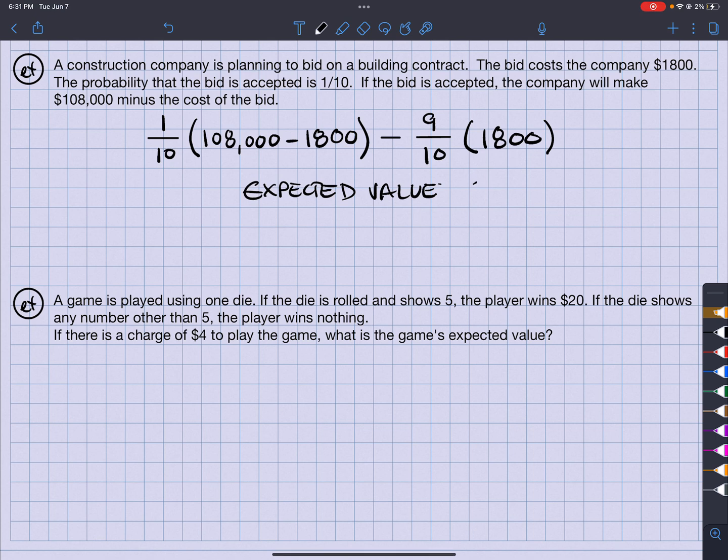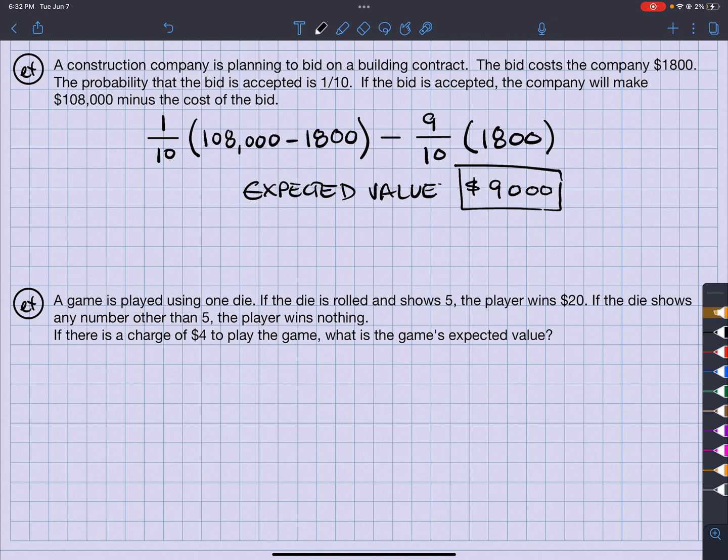of $9,000. Okay, which is great because which means that I have a chance to gain here.